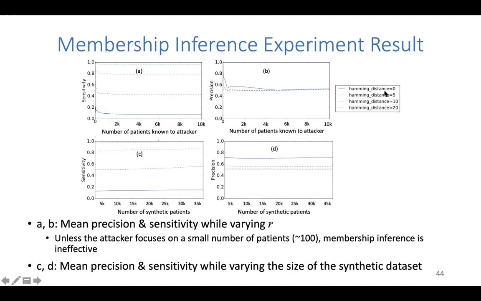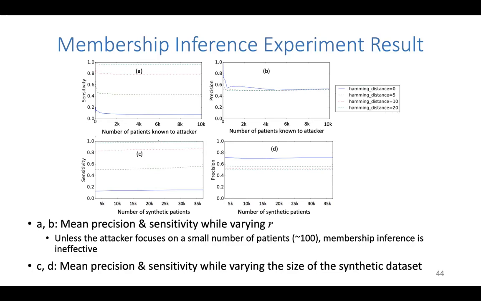That's what Hamming distance 0 means. And a Hamming distance of 5 means that if the records known to the attacker and the synthetic records are 5 Hamming distance away or less, then it is a match.